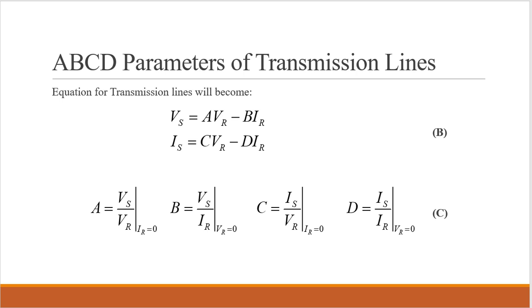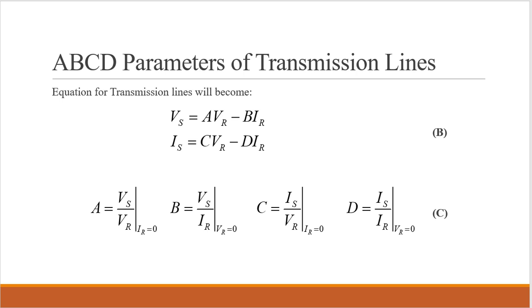Likewise, when we have to find B, we place Vr equal to 0, and we divide both sides by Ir, and we obtain B equal to Vs divided by Ir.